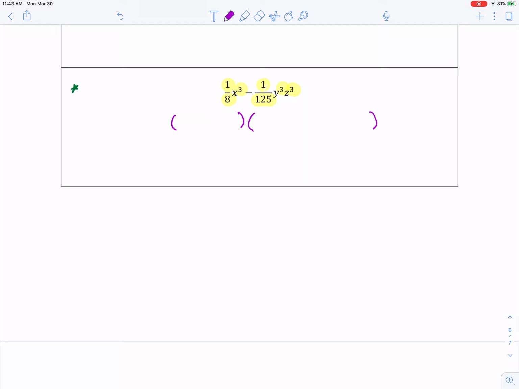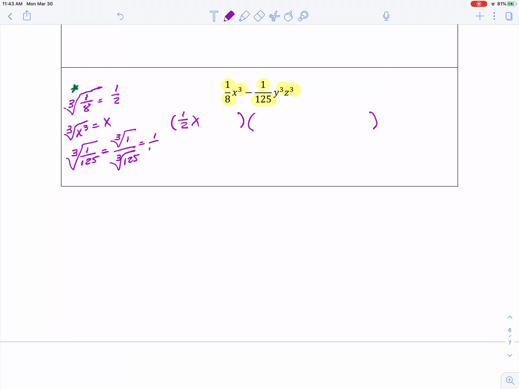So binomial and trinomial parentheses. So in my head, I'm doing the cube root of 1/8, I'm doing the cube root of x cubed. I'm doing the cube root of 1 over 125. I didn't say this before, but that splits up into 2 radicals.